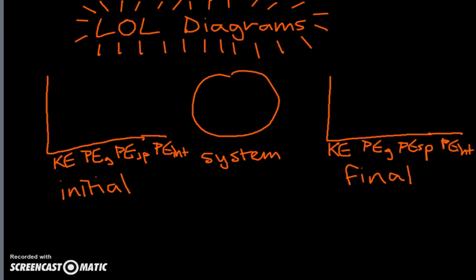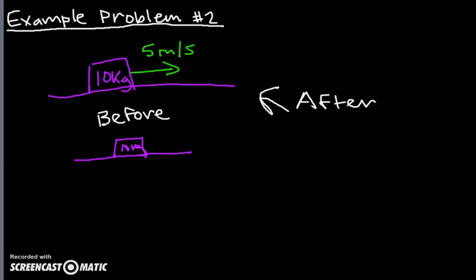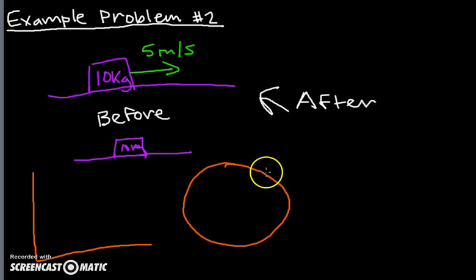Now to show you how LOL diagrams work, let's go back to our previous problem and draw out our LOL diagram. So we have our big L, our O, and our other L. Again, this is our initial, our final, and our system.